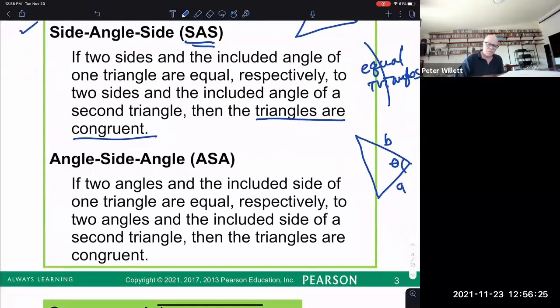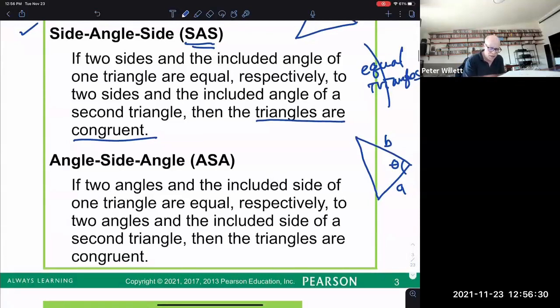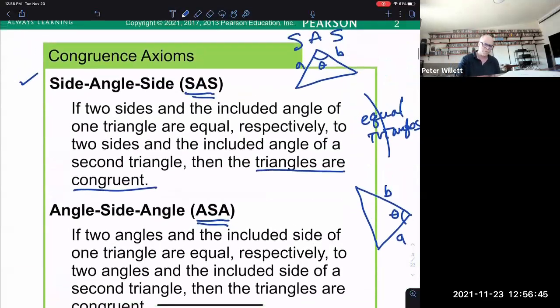Similarly, if two angles and the side between them, that's ASA, which stands for angle, side, angle, if two angles and the included side of one triangle are the same as in another triangle, then those triangles are congruent. Then those triangles are equal to each other.